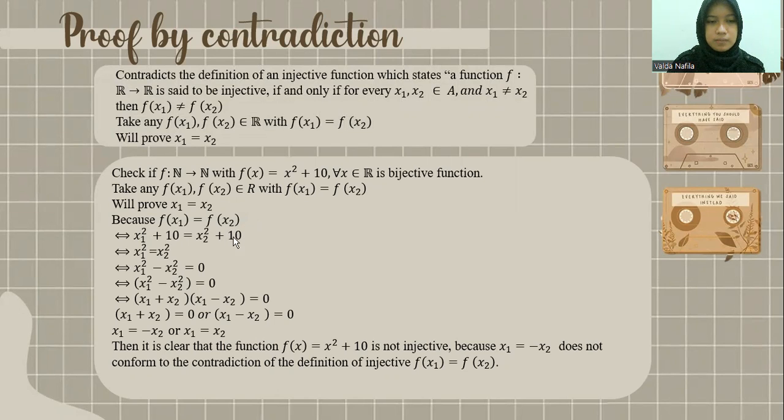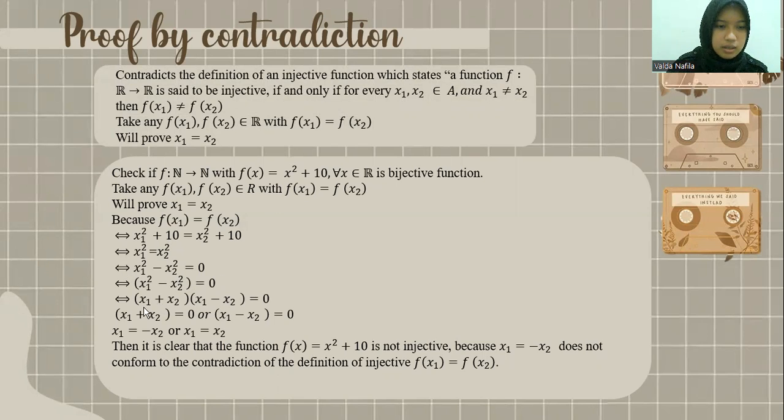So x1 squared equals x2 squared. We move x2 squared to the left side, so x1 squared minus x2 squared equals 0.